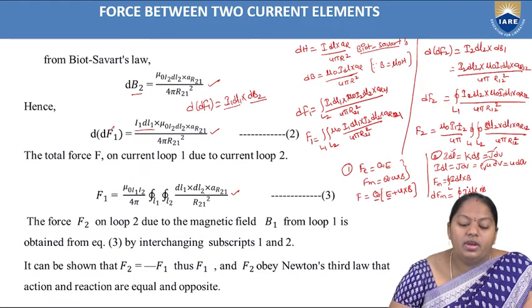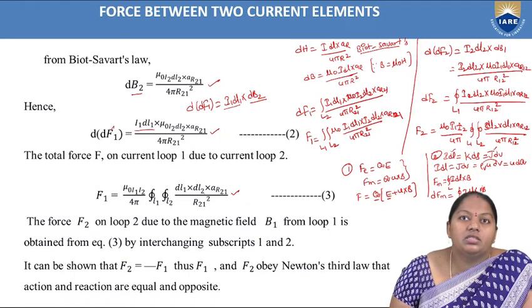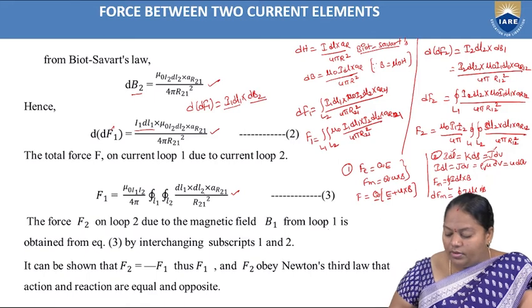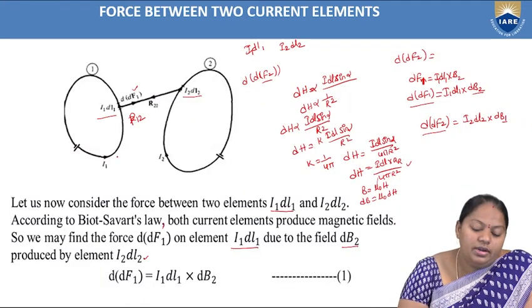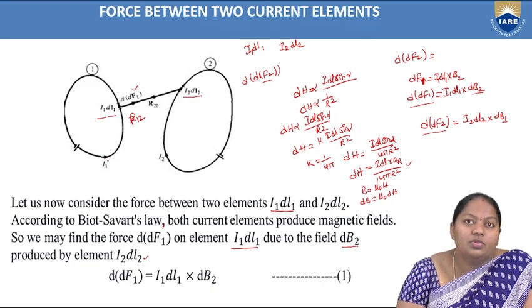Now, the third case we have analyzed is the force between two current elements. To analyze this, we consider two concentric circles, where the current flowing through the first conductor is I1 and the current in conductor 2 is I2.